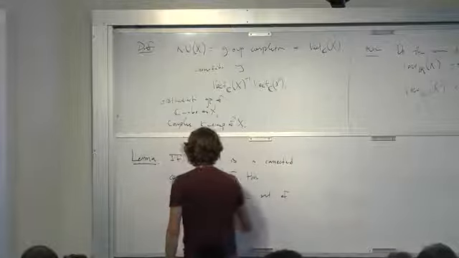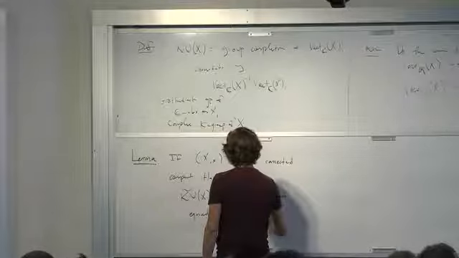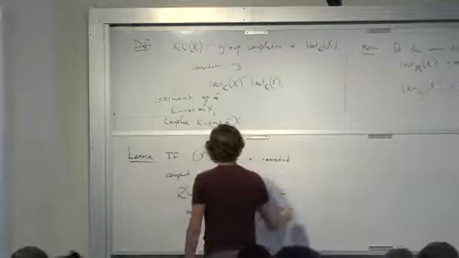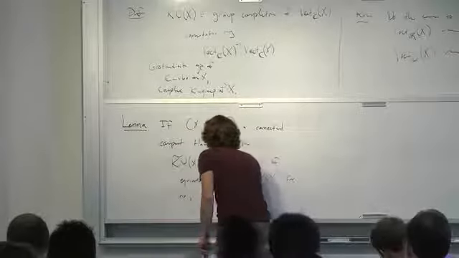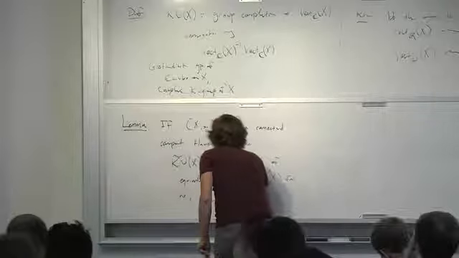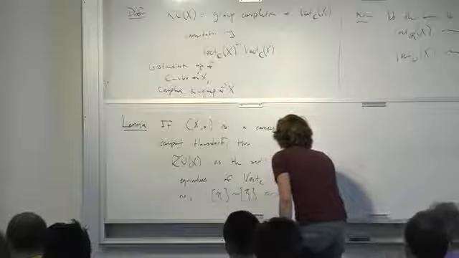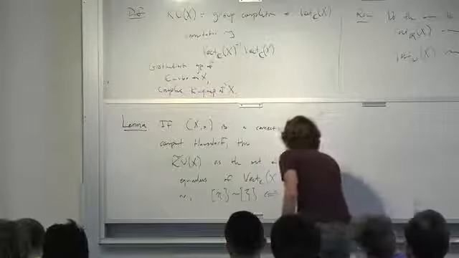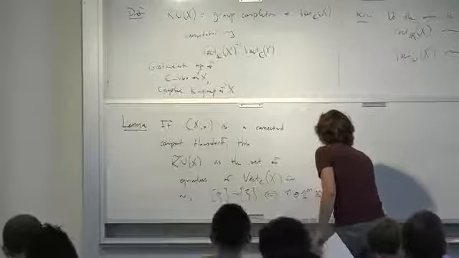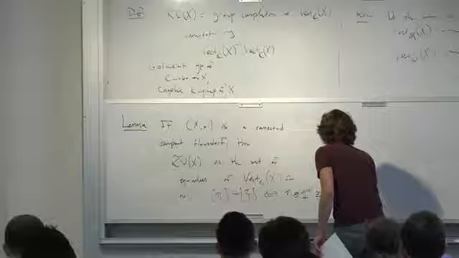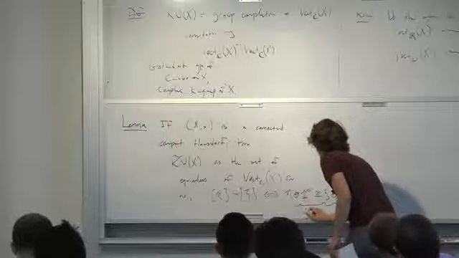of complex vector bundles for the equivalence relation tilde, where eta is equivalent to psi if and only if they're stably isomorphic. So I can add a trivial rank n bundle to one, a trivial rank m bundle to the other, and they become isomorphic. So what this means is stably isomorphic.